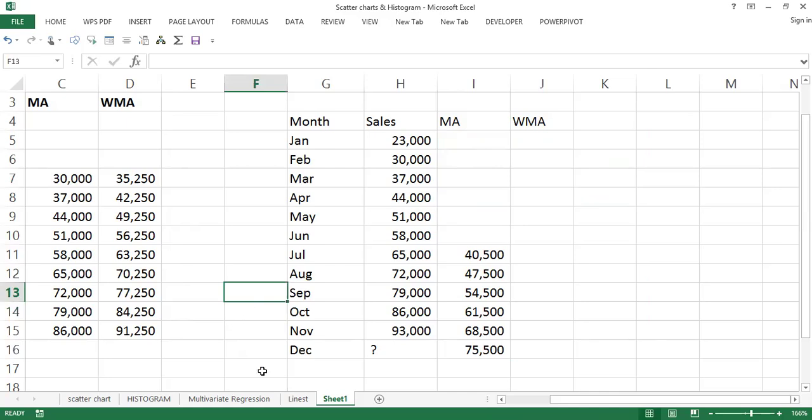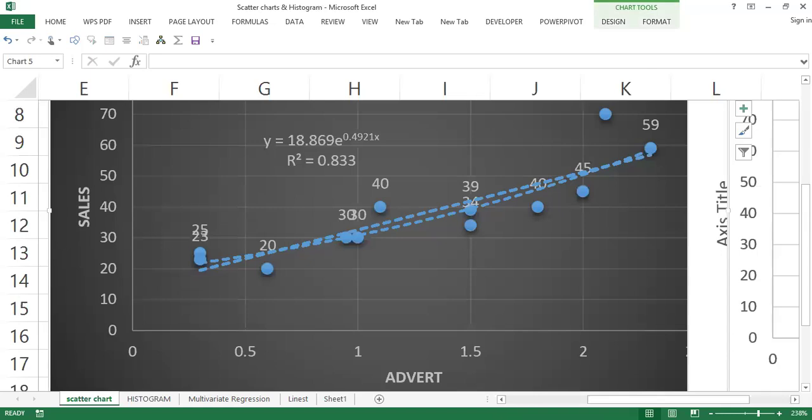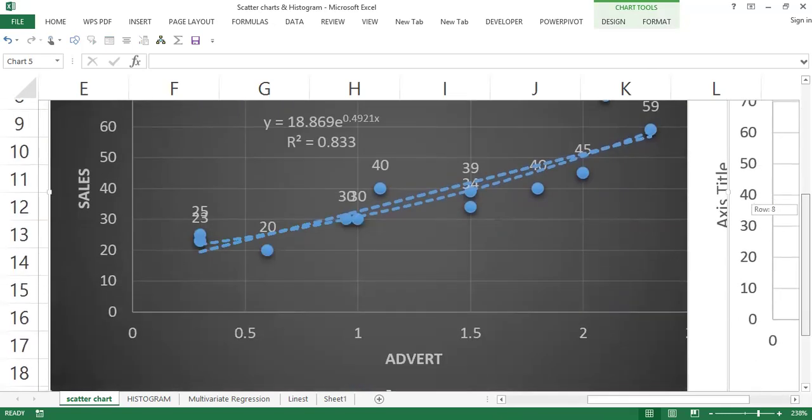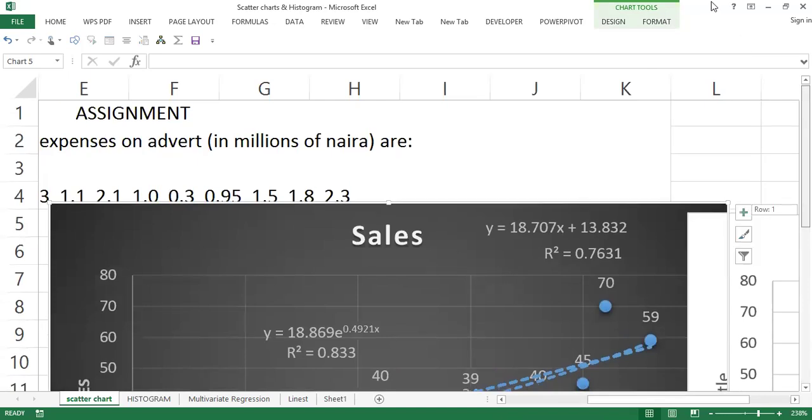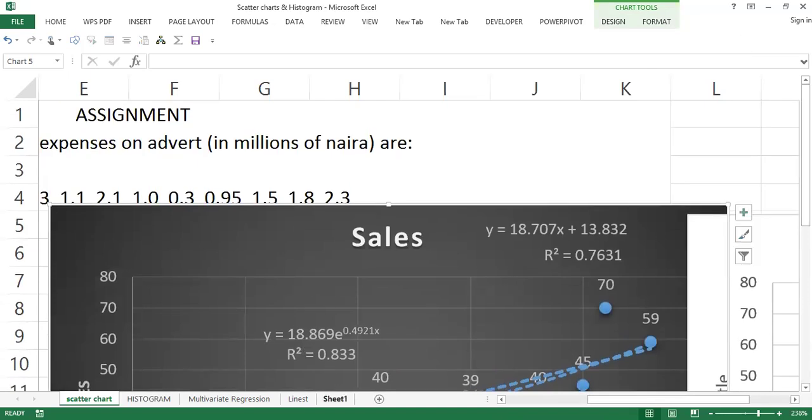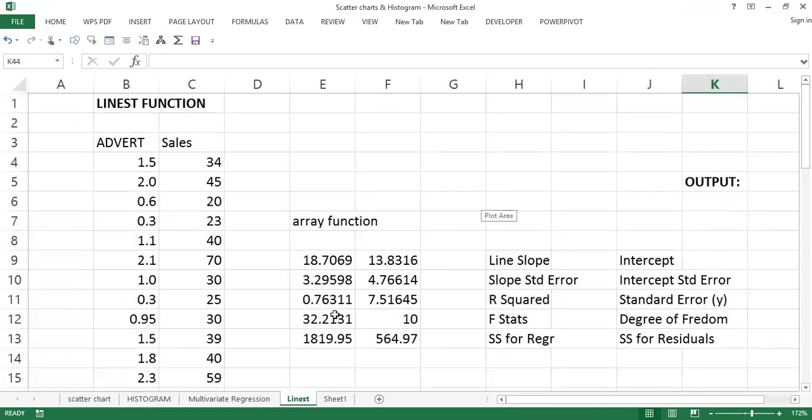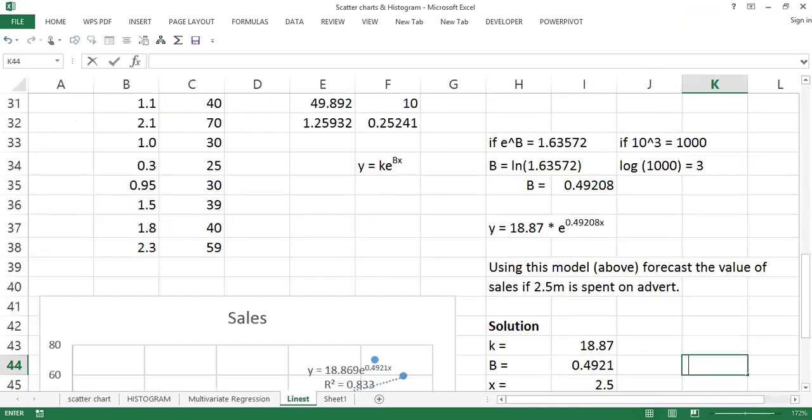Assignment number two. Let's go back. Okay, it's actually the line S function and the log S function, because we also did the log S function there.